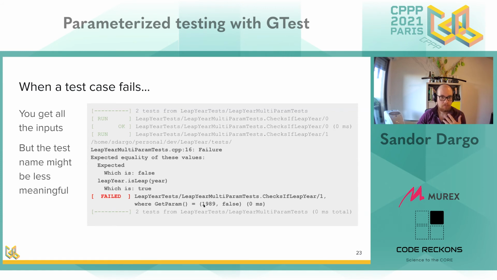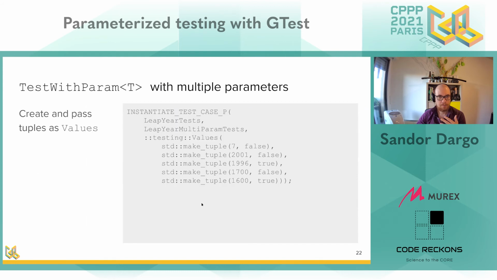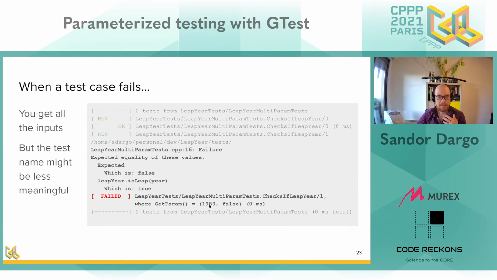Because you still get the values. Like you can see here that GetParam returned the tuple of 1989 and false. You see what was the expected value and what was the actual value.